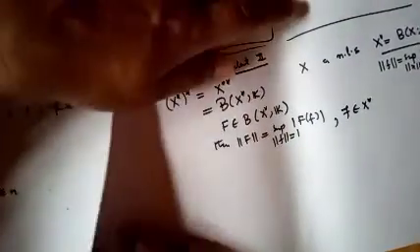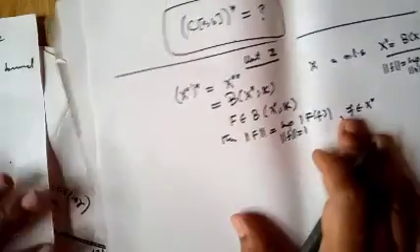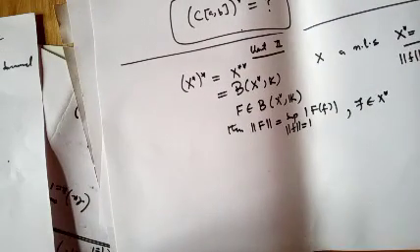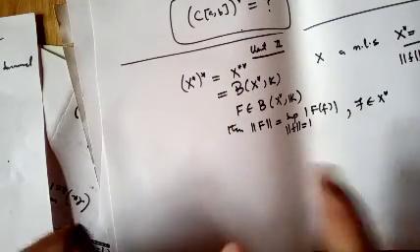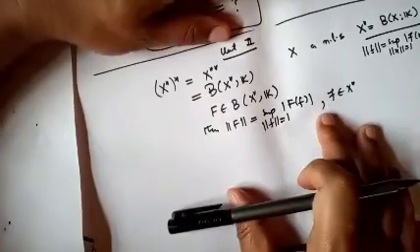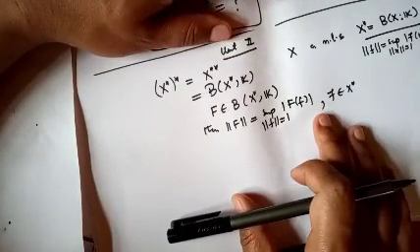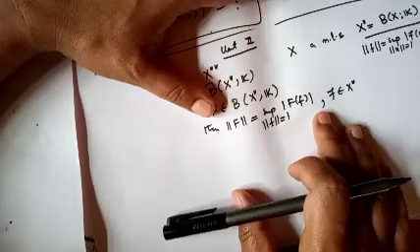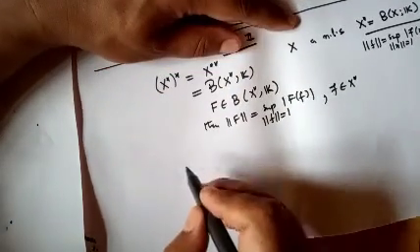Now what I do is I do something like this. Now this is one of the very interesting and important things in functional analysis. Now what I do is this.